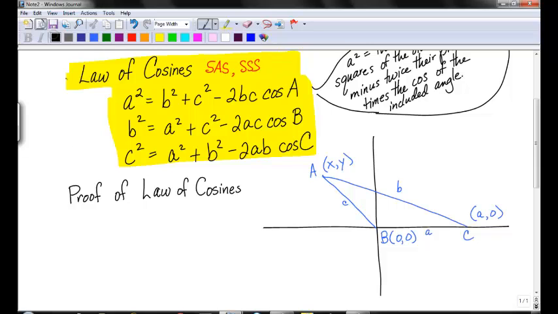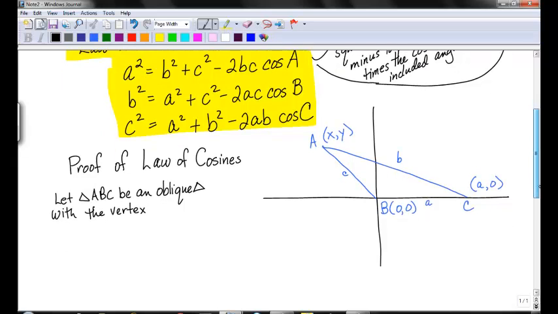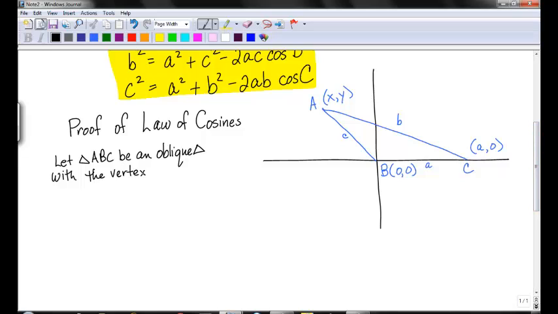Let triangle ABC be an oblique triangle with the vertex B at the origin.